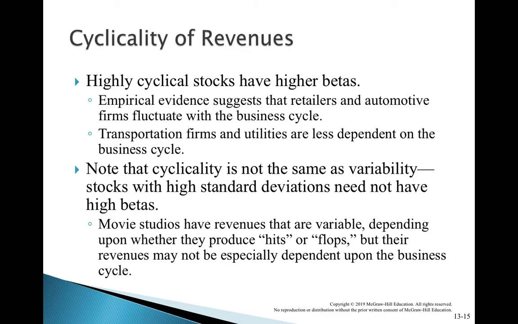If there is a flop movie, though the economy is good, you will not go and watch the movie, right? So it is not cyclical. It is variable. Variable with what? Variable with the quality of the movie it produces. If it produces a good movie, definitely whether the economy is good or bad, people go and watch. If there is a bad movie, normally people will not go and watch. What type of economy it is doesn't make any difference.